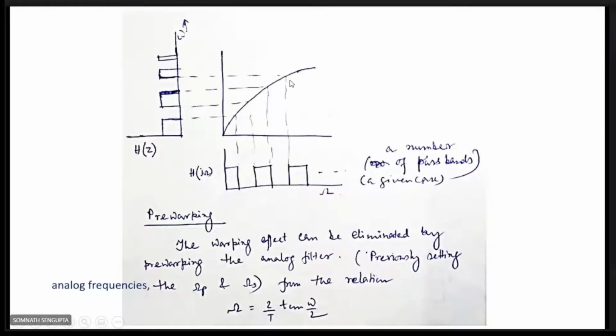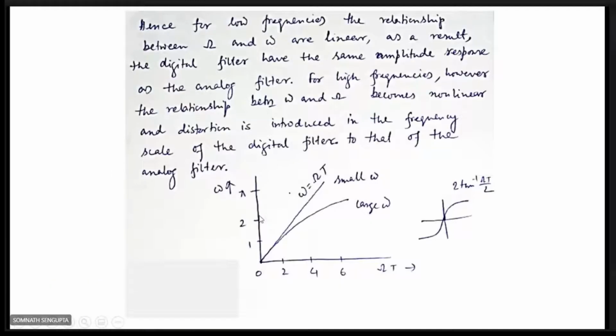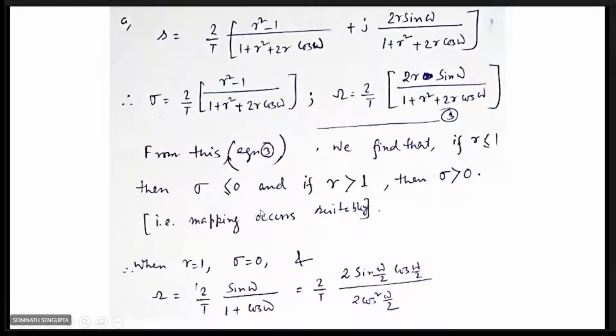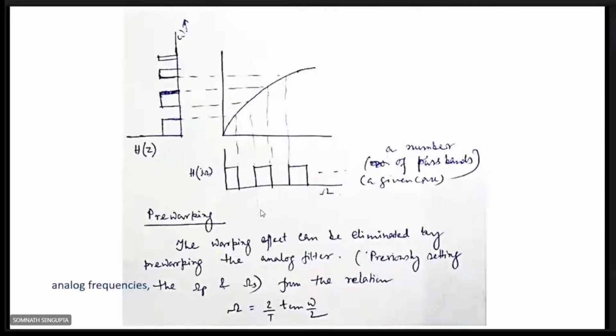But for high and very high frequency, we see that the digital frequencies are constricting. The pass band is shrinking. This is one drawback in this system, but that can be overcome easily, which I will explain. This effect is called the warping effect. So this is the basic concepts and mathematical equations.